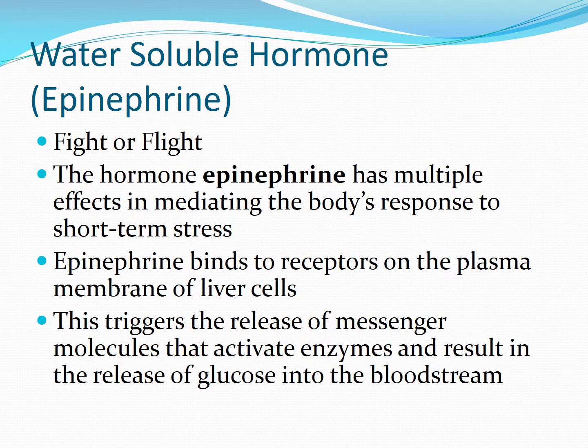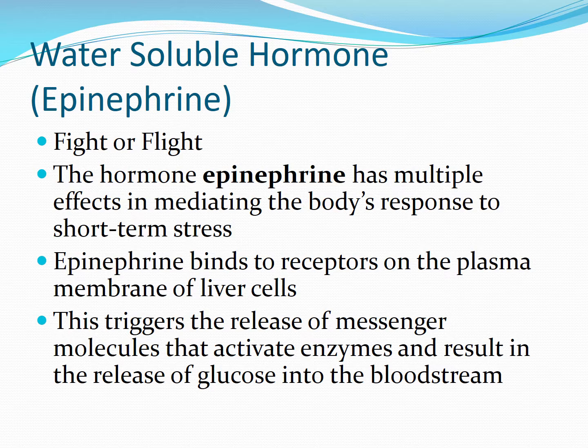Your eyes are going to dilate to allow you to get more sunlight and more light into your eyes so you can determine and see better. You're going to see that there's going to be blood diverted away from your GI tract because you're not going to need to digest when you're trying to run away from something. Blood is going to be moved and diverted to your heart and your brain and your muscles to allow you to fight and run away.